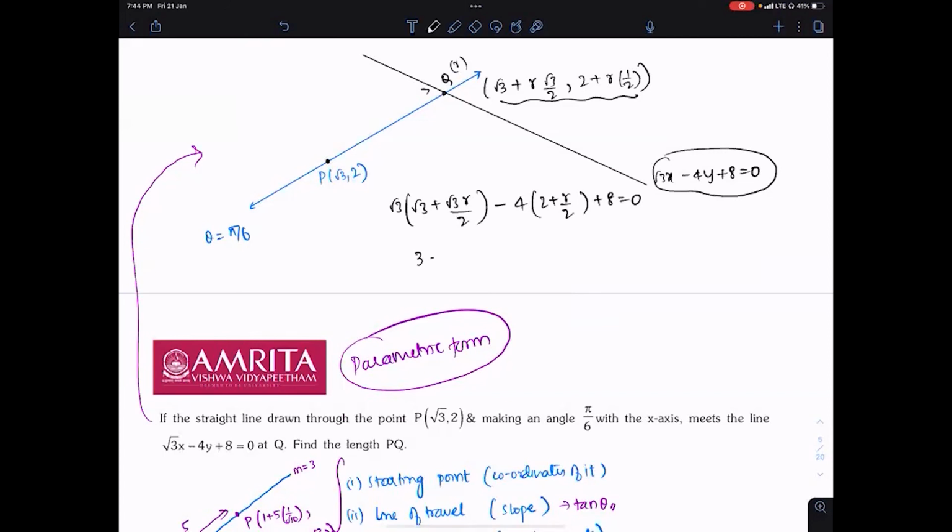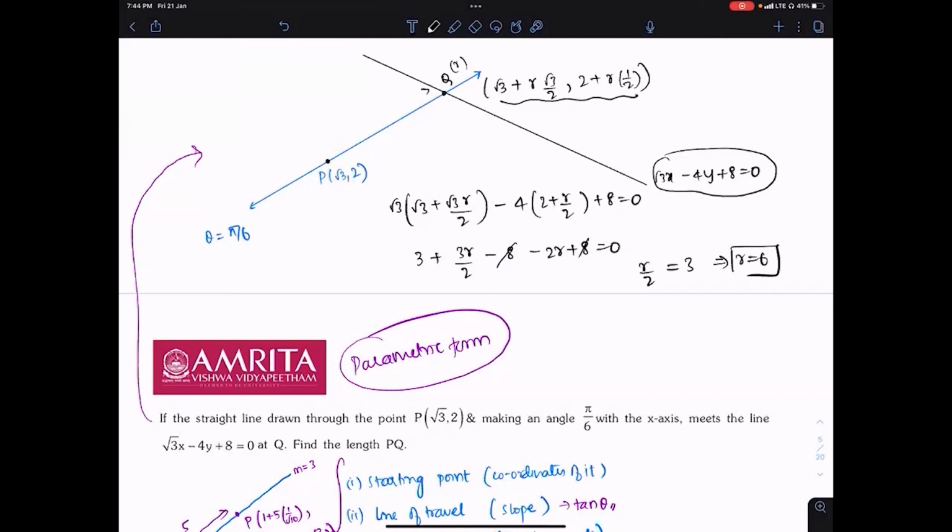So you'll get 3 plus 3r by 2 minus 8 minus 2r plus 8 equal to 0. You'll get r by 2 is equal to 3, which implies r is equal to 6. So what is the displacement of Q from P? 6. So what is the distance PQ? 6 only.